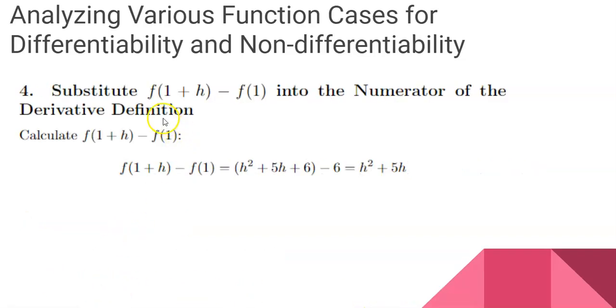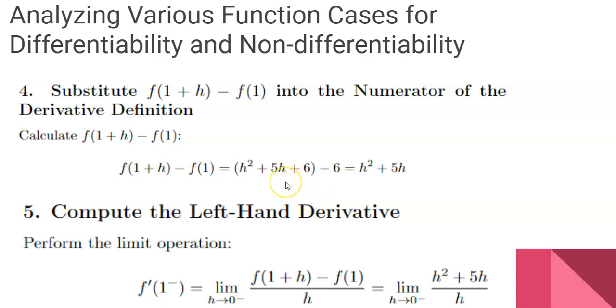And we substitute f(1 + h) - f(1) into the numerator of the derivative definition. First, let's calculate f(1 + h) - f(1). So substitute f(1 + h) with h² + 5h + 6, and then substitute f(1) with 6. Then we cancel out opposite terms, +6 and -6, so we just have h² + 5h.